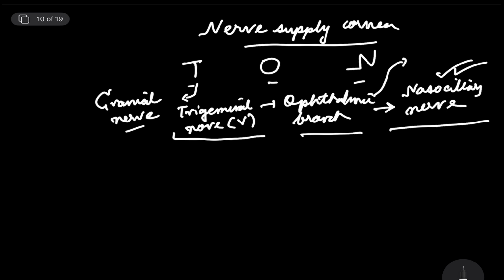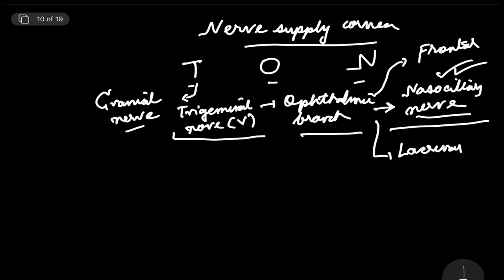Besides nasociliary, it also has frontal and lacrimal. But it is the nasociliary nerve which we are interested in in this video, because that is the one which supplies the cornea. So this is how we deal with the corneal blink reflex, how we test for it, and how we elicit that the cornea indeed has a nerve supply.